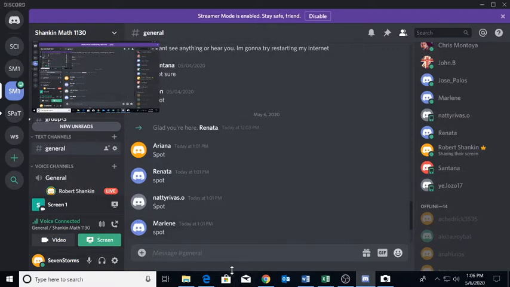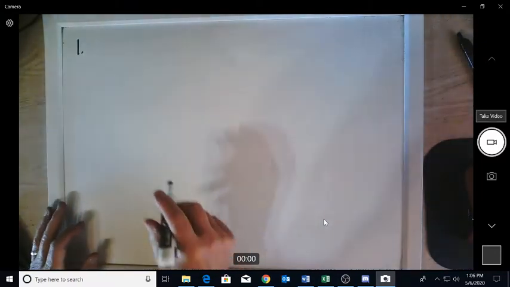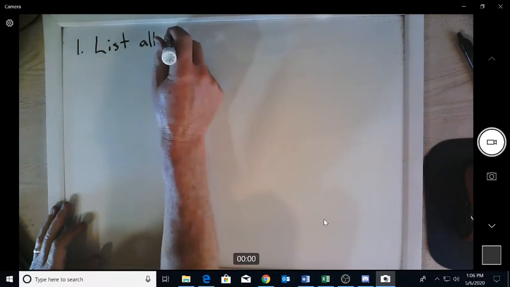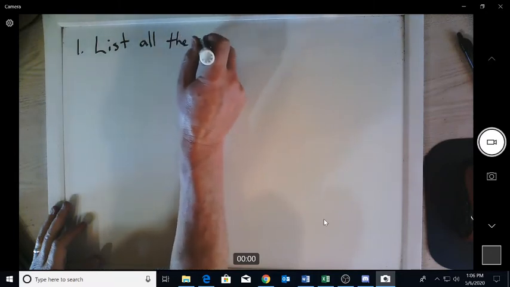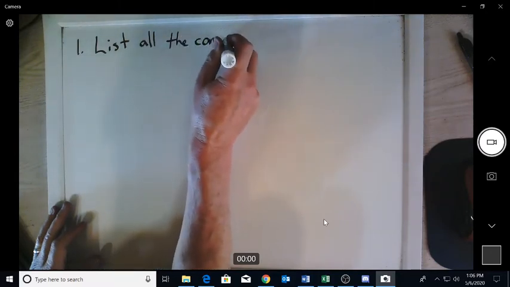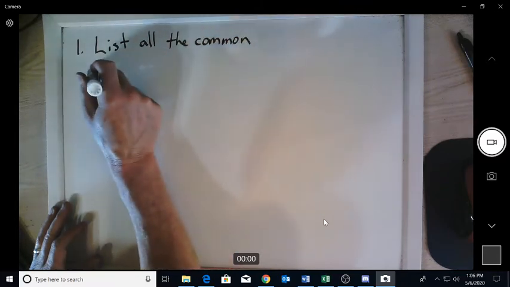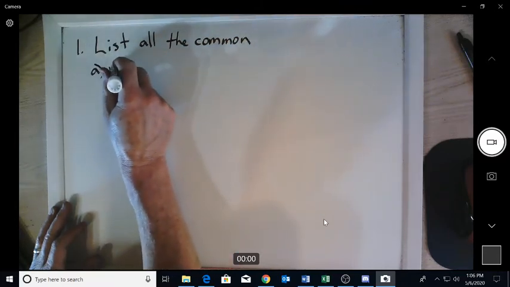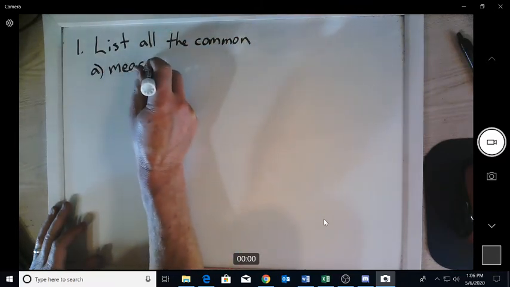All right, so let's go to the first question. Number 1. List all the common A, measures of the middle.